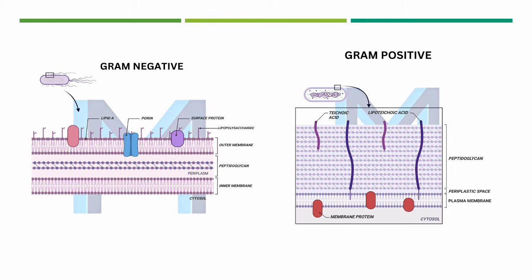So starting with the cell wall structure, gram-positive bacteria have a thick peptidoglycan layer. Compared to that, gram-negative is much thinner, as illustrated here.